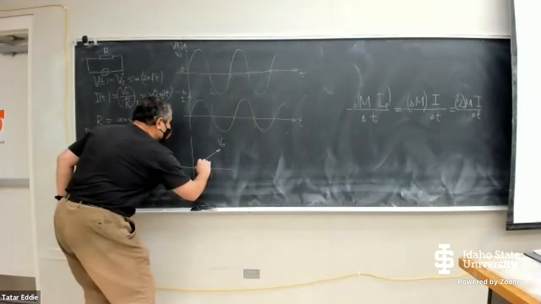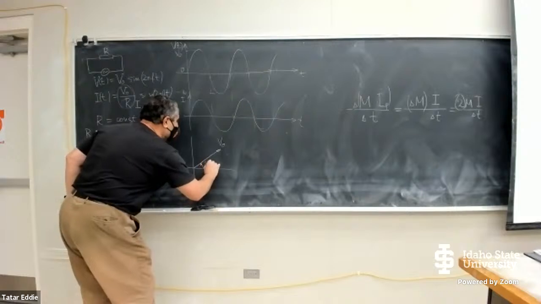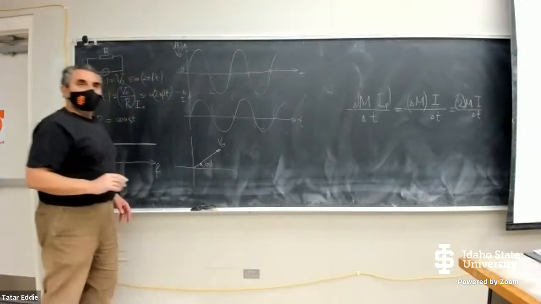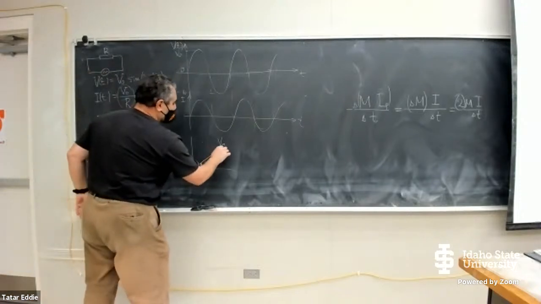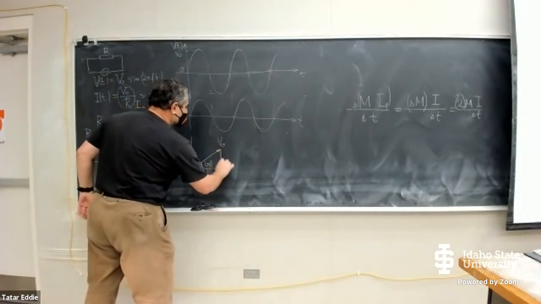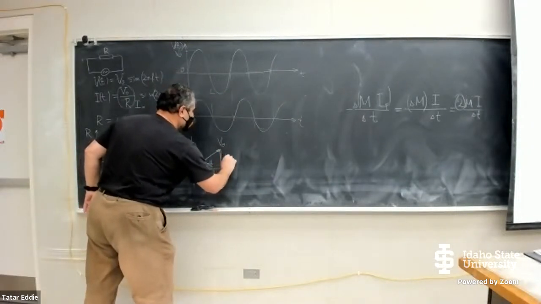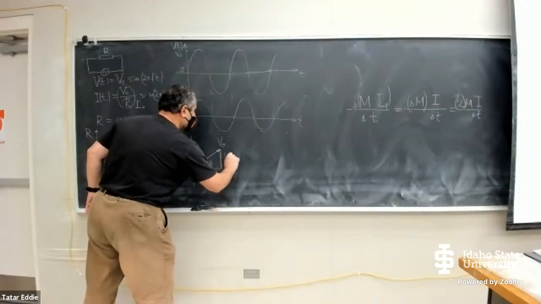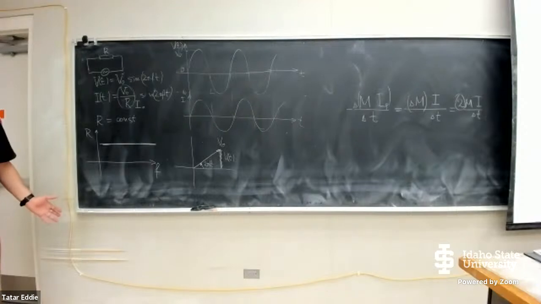And this angle right here is 2 pi ft. Sine, so V naught times sine is going to be this. So the instantaneous value of the voltage is going to be here, V of t. This is the instantaneous value of the voltage at a certain moment of time, t.